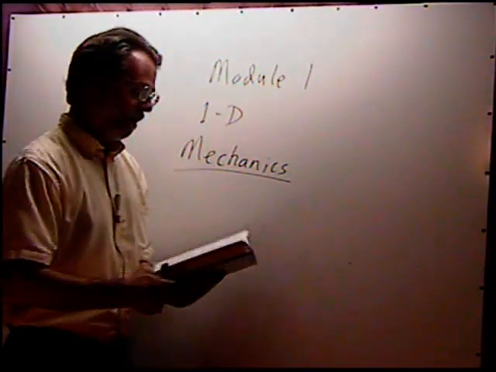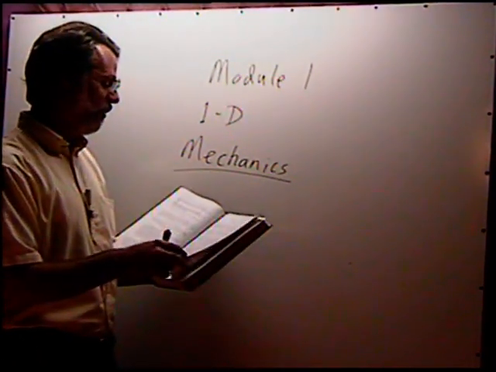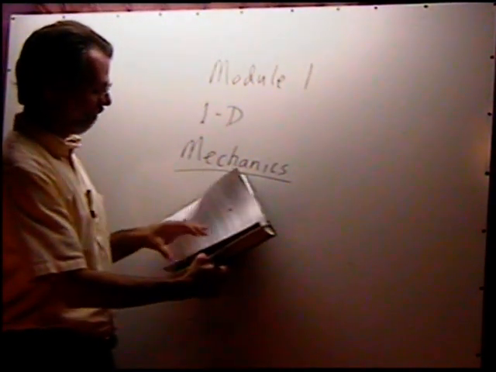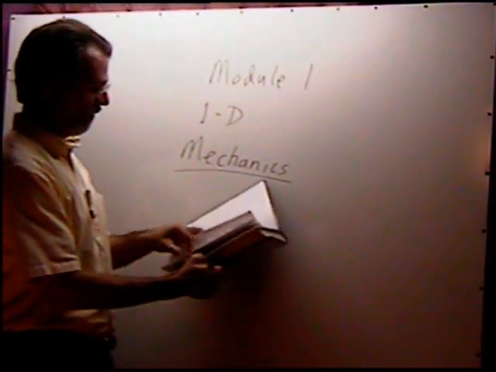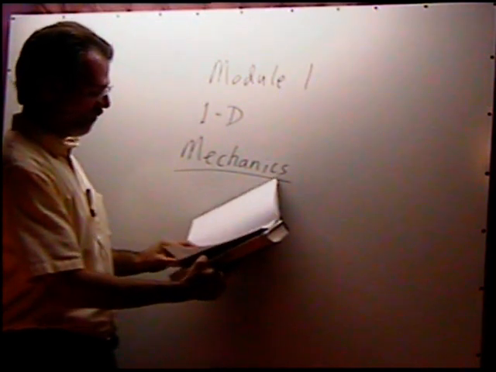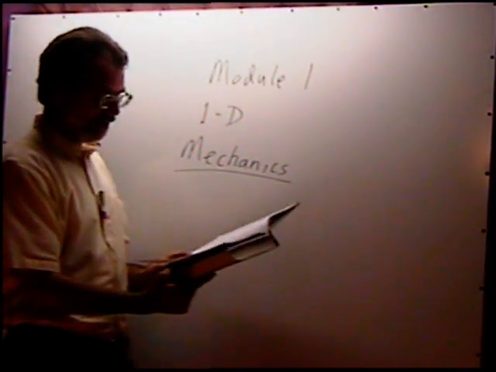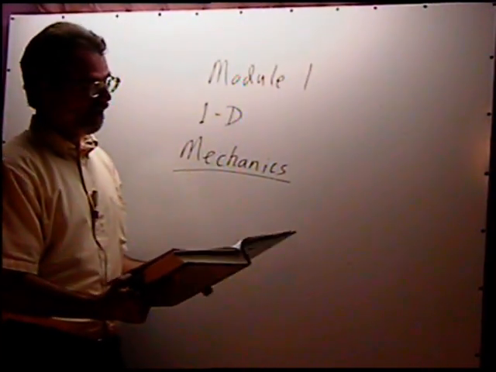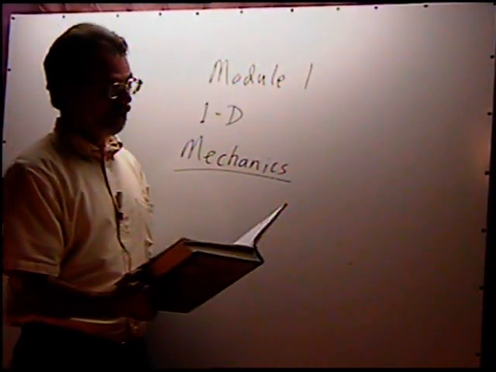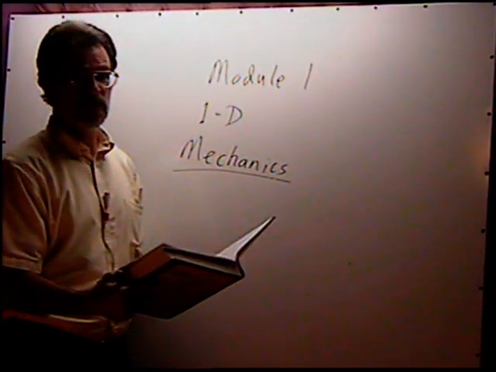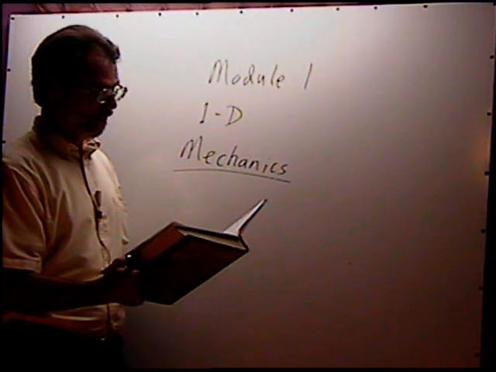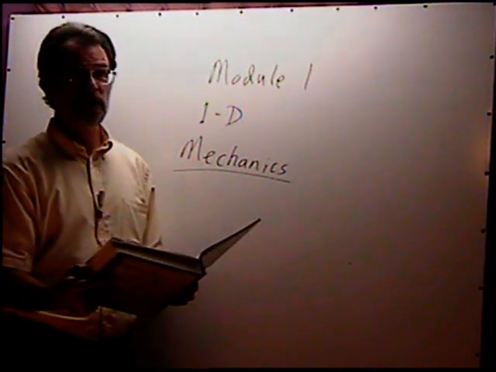In your textbook, this is chapter 1, motion in one dimension. In chapter 2, we will still be dealing with one dimension, but the physics of free fall. Finally, in chapter 3, we'll deal with two-dimensional vectors, and then in chapters 4 and 5, we'll be dealing with motions in 2 dimensions.